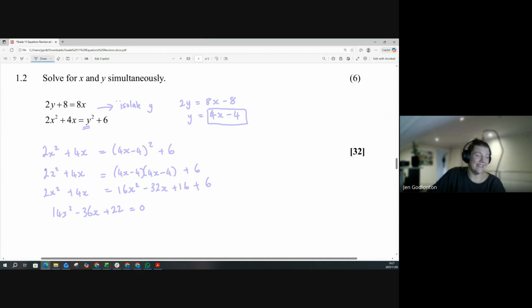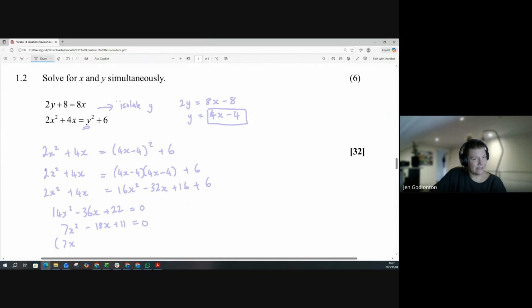And then I can do my trinomial. It's quite a nasty one, so it would be a good one to use your quadratic formula for. Let's first divide this all by 2. 7x squared minus 18x plus 11.